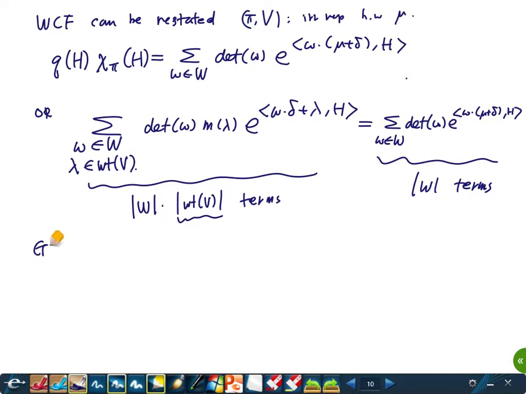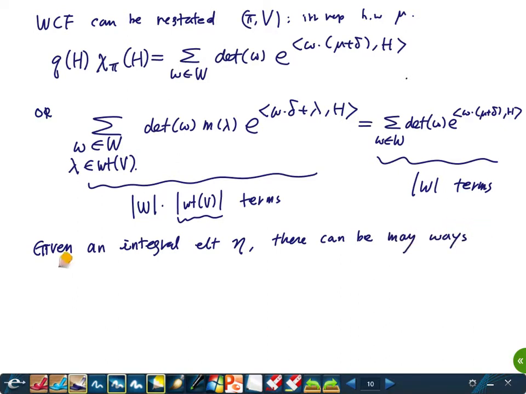So given an element, an integral element eta, say, there can be many ways to write eta in this form, because eta will appear many times where lambda is a weight, right?